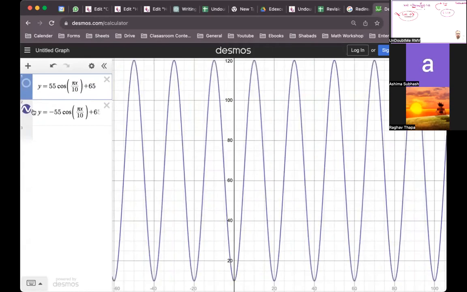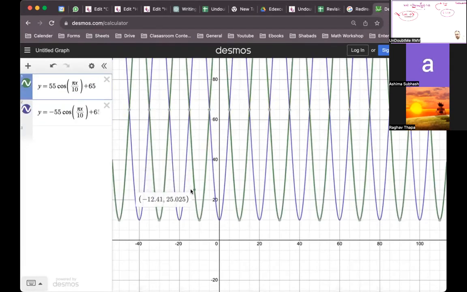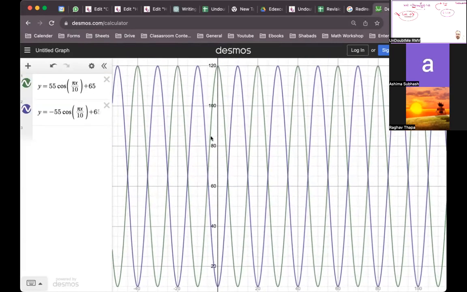If we are going with minus 55, the wheel will start at 10. The graphs of both lie in the same range, but their starting points change if we change the sign of the amplitude.